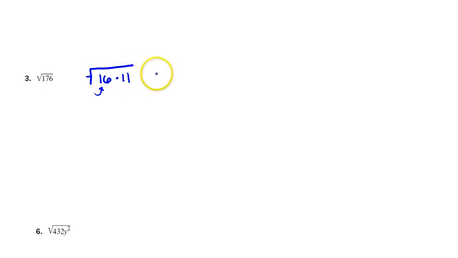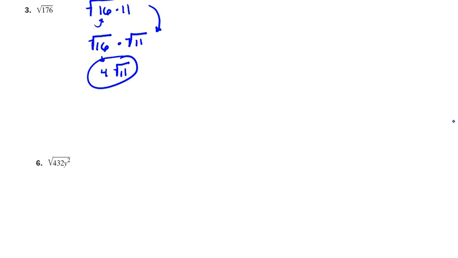All right, now that I've done this, I can separate it out and get the square root of 16 times the square root of 11. So I've now used the product principle of square roots. I can simplify this one to 4, but I can't simplify the square root of 11, so it's 4 times the square root of 11, and that would be my answer, simplified.